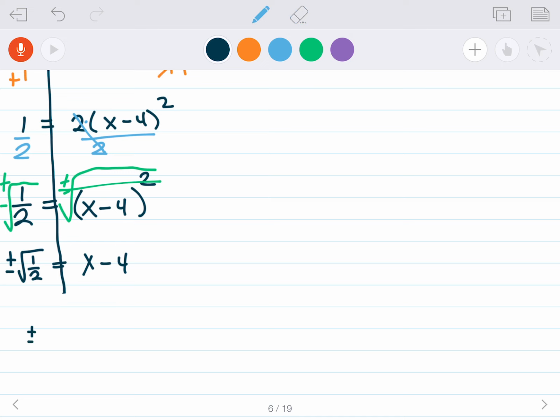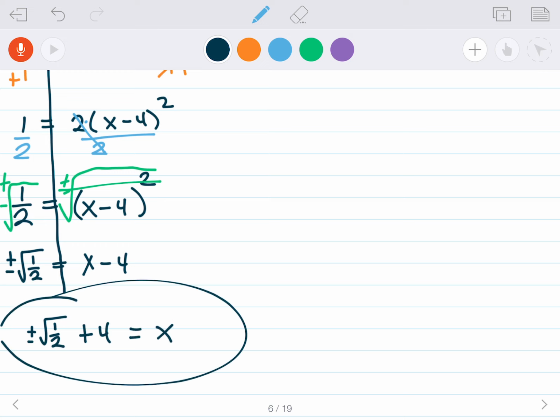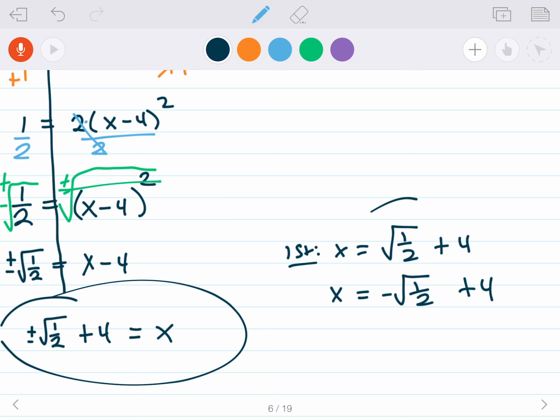So I have plus or minus square root of 1 over 2, plus 4 on the outside, equals x. And so those are my two solutions. The first one is x equals positive square root of 1 over 2 plus 4. And the second one is x equals negative square root of 1 over 2 plus 4. That's where this thing is going to cross the x-axis.